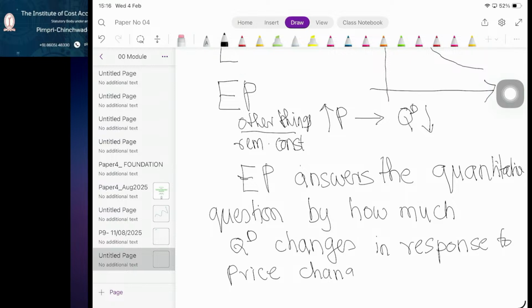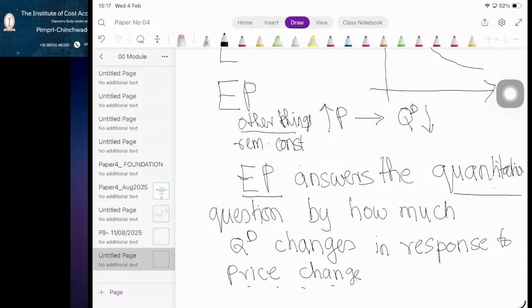So it is measuring the quantitative effect. Qualitative effect, we all know that price goes up, quantity demanded falls, but elasticity of demand measures the quantitative question, by how much quantity demanded changes in response to price change.